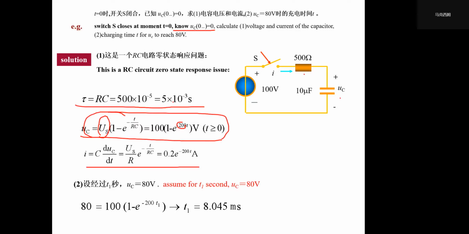Once we encounter this kind of circuit, we can use the conclusion directly. The only thing we need to calculate is the corresponding coefficients, like the time constant tau and the initial value US, and we just put them in, and that will be all. It seems very easy, like the previous examples we gave you in the former lectures.